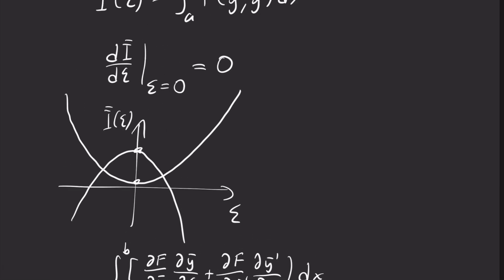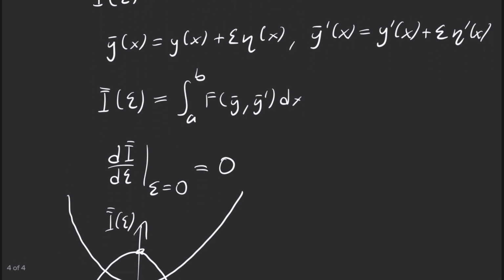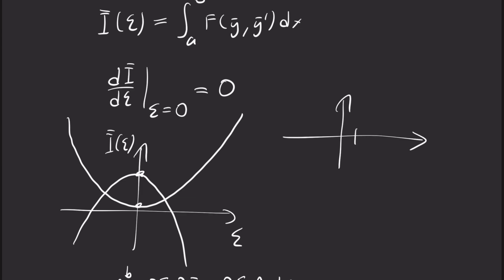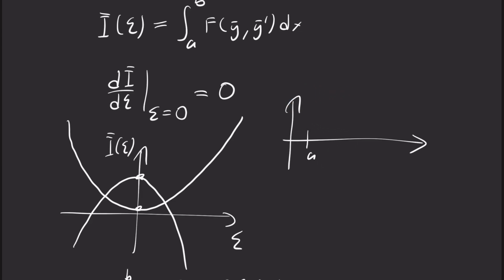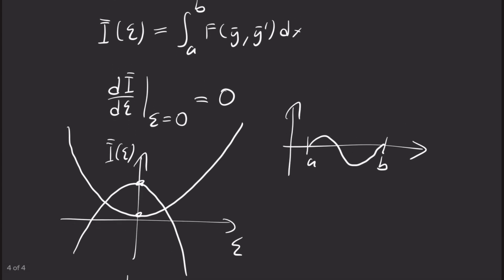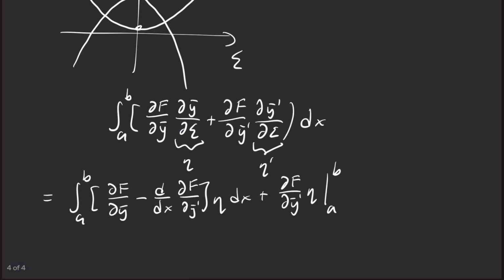But we know that eta is supposed to be, so if I draw a graph of eta from a to b, this is what it'll look like. It'll be some kind of variation, but it will have to be 0 at a and b. So that means this will just be 0.